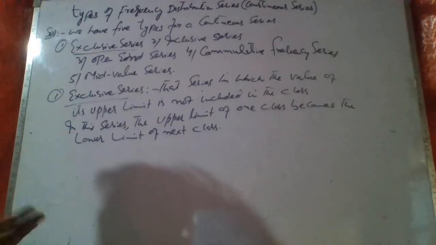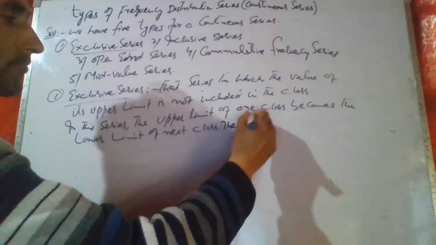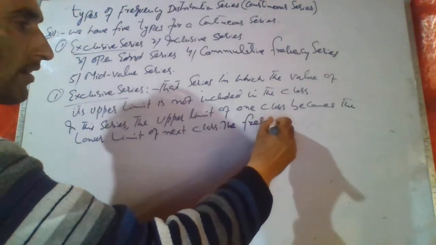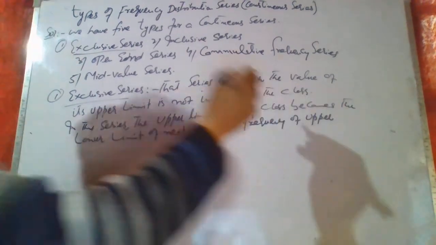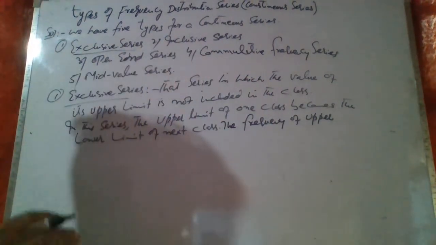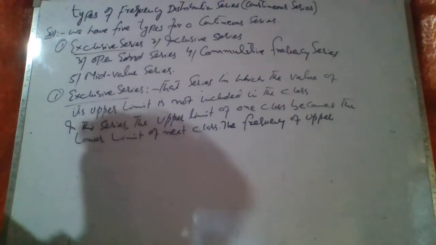So in this series, the frequency of the upper limit of every class is not included in that class. That means the frequency of upper limit की जो फ्रीक्वेंसी है वो इस क्लास में इंक्लूड नहीं होती है.